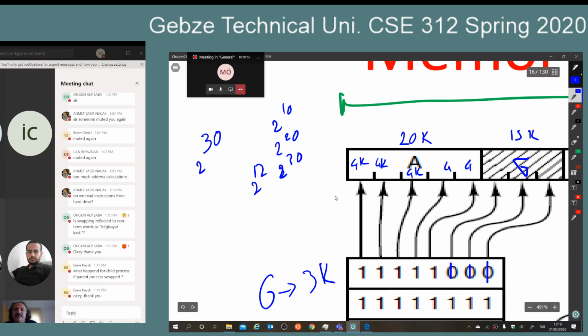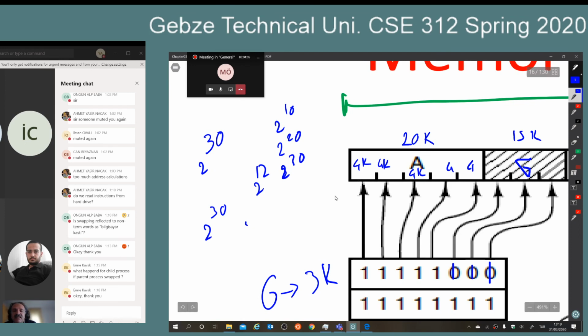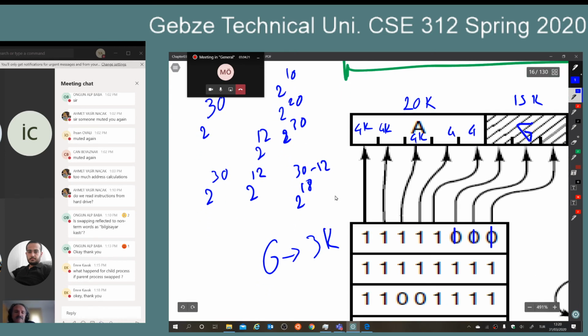So if I have 1 gigabyte of memory, and my memory chunks are 4Ks, that means each one is this. So 30 minus 12 means I have 2 to the 18 bits in my bitmap.